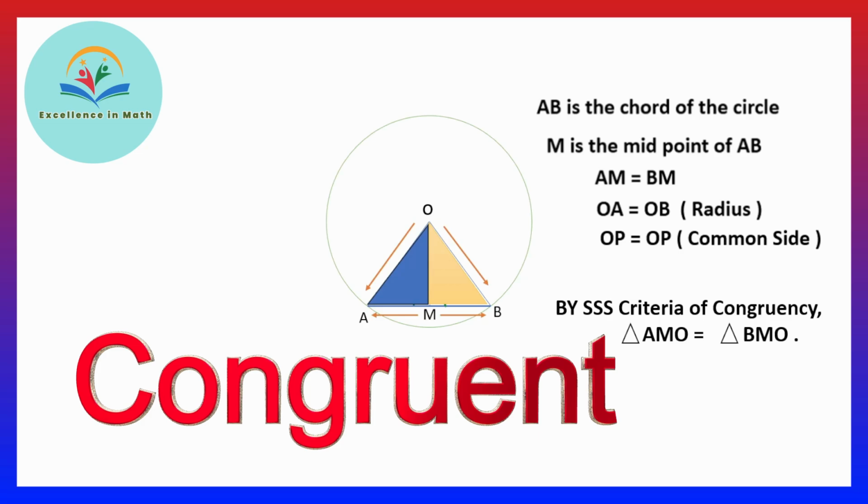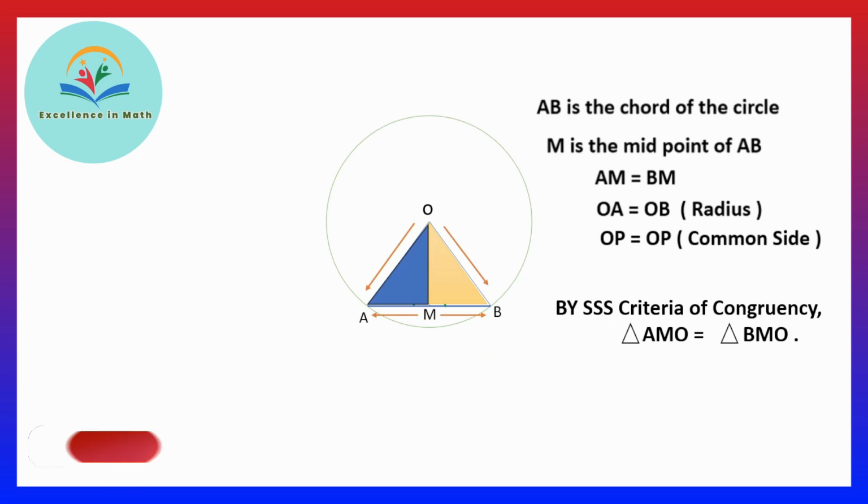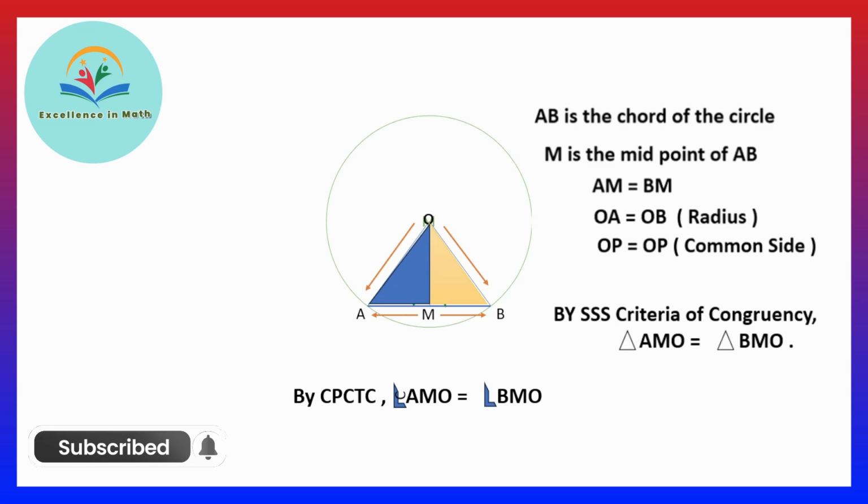And we already know that by the corresponding parts of congruent triangles criterion, we can say that angle AMO is equal to angle BMO. And also we know that AB is a line segment. So we can say the angle at AMB is always 180 degrees. Am I right?